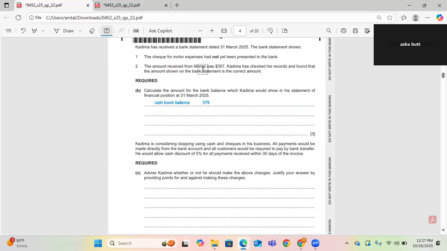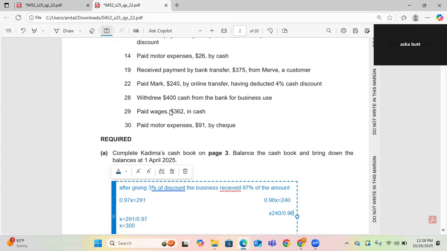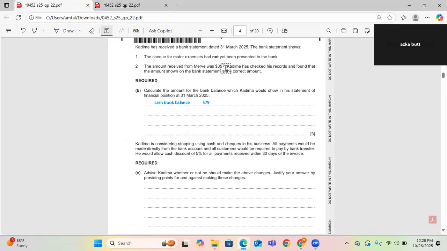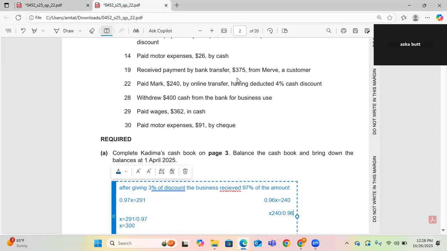The amount received from Merv was 357. Kadima has checked his records and found that the amount shown on the bank statement is the correct amount. So if you see that amount which we received from the Merv here, where is the Merv? Yeah, this one. Received payment by bank transfer 375. But when she saw the bank statement, the amount we got was 357, but we recorded it as 375 here.